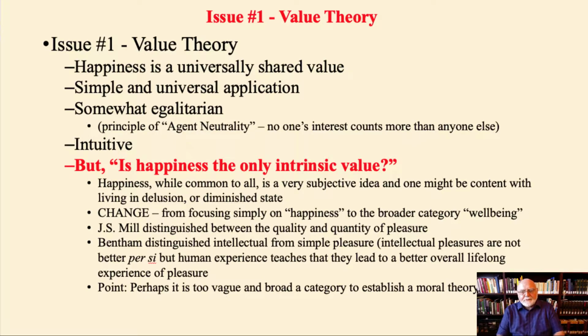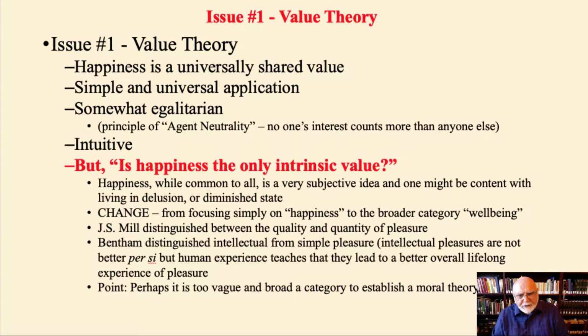And it's very simple. It may be a problem to define, but it's a very simple idea. It's egalitarian, at least in some senses, that everyone experiences pain, everyone wants happiness. It meets the principle of agent neutrality. No one's interest counts more than anyone else's, in other words. And it's frankly intuitive. I mean, you can't help but come to that conclusion.